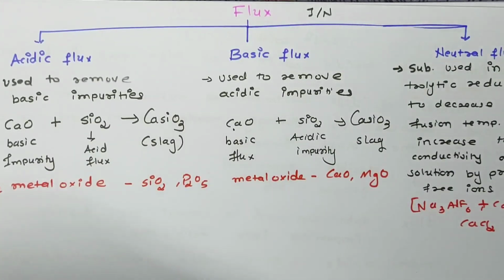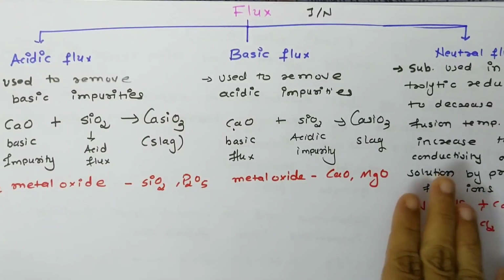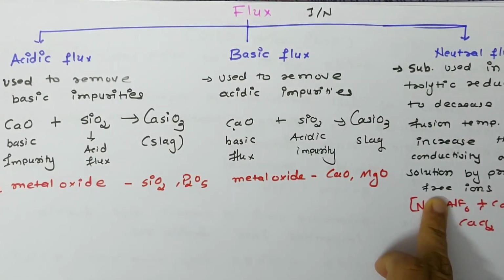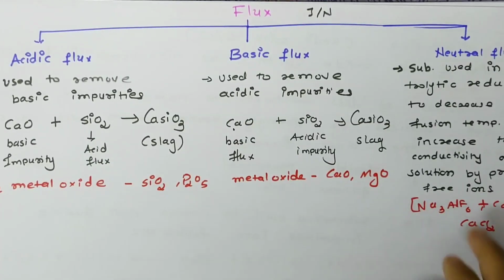So the melting point is too high that we cannot convert into molten or liquid state. In this situation, we have to use a neutral flux which reduces its temperature and makes it convert or fuse into a molten state. Once it converts into molten state, it gives free ions. So there will be a better conduction of electricity.